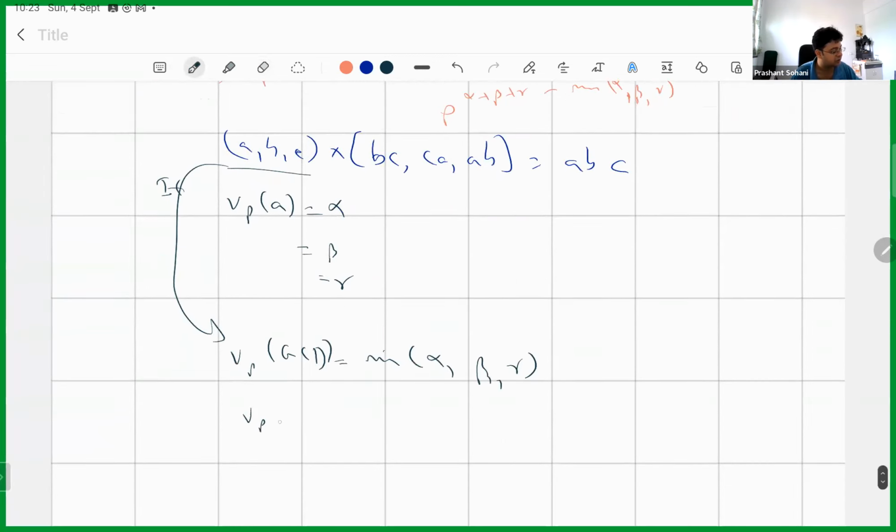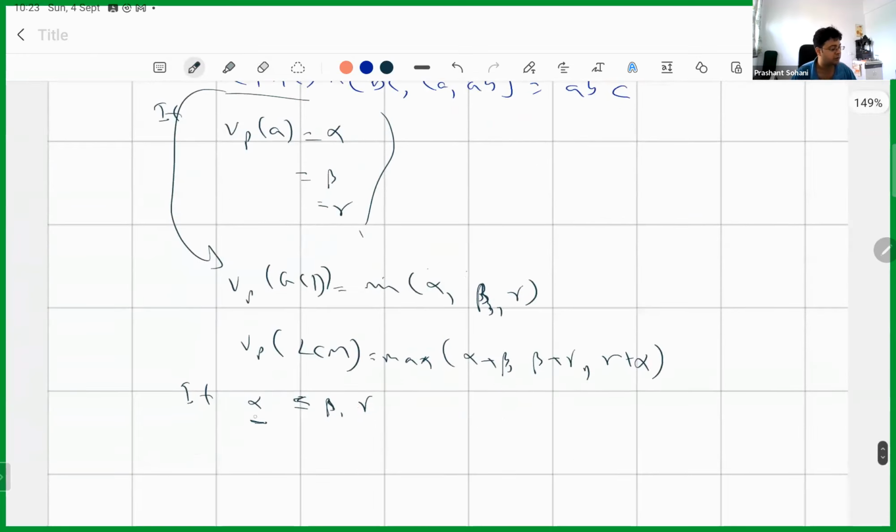And the VP of the LCM, the second bracket, will be the maximum of alpha plus beta, beta plus gamma, and gamma plus alpha. Do you see how the same thing we used for two numbers is applicable here? Whichever of these is the smallest one, if alpha is smaller than the other two, then automatically the complement of alpha, which is beta plus gamma, will be greater than the other two summations.